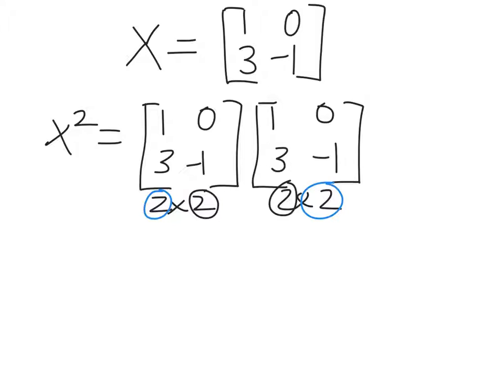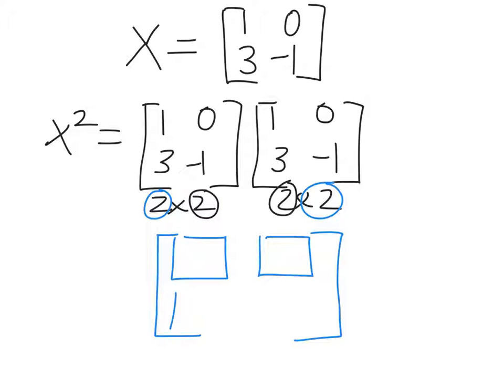So as I said in a previous video, I think the easiest way for you to do it would be to draw up your product matrix, put in some boxes, and we'll fill them one by one, what goes into them. So x squared is just x times by itself. So the one that goes here, row 1 by column 1. So what we need to do is pair up the elements.